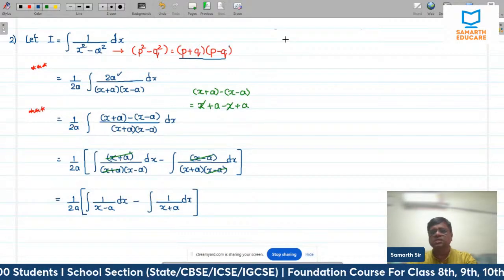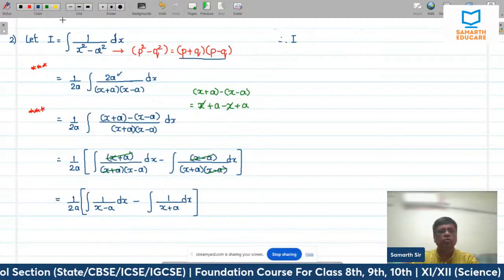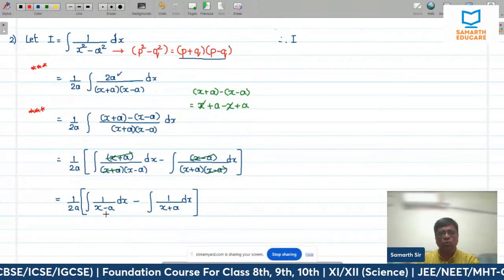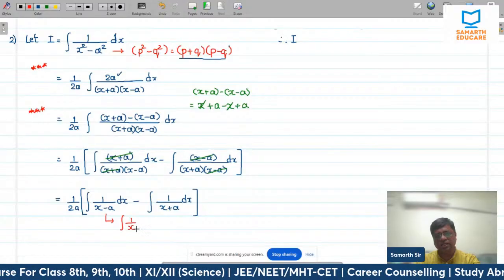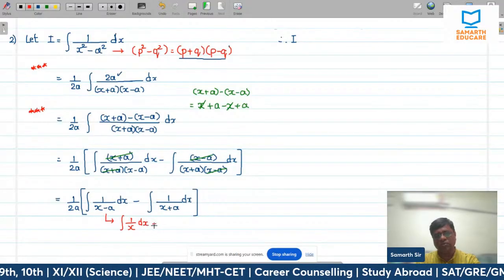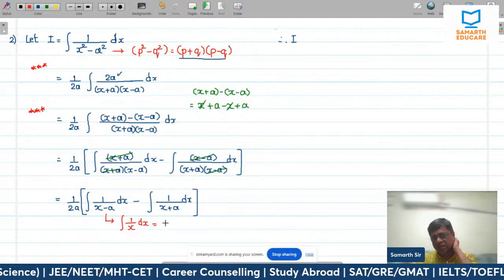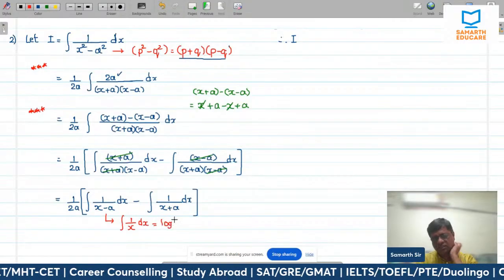Okay, that means I is equal to, now this is 1 upon x का integration जो standard form में हमने सीखा था. 1 upon x का integration क्या है? That is log x, right?